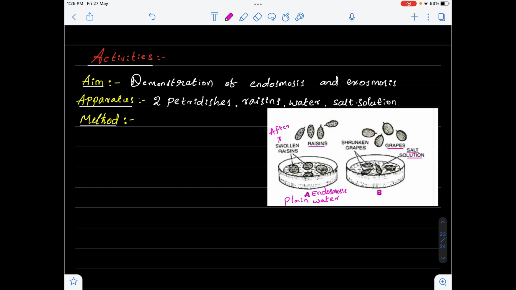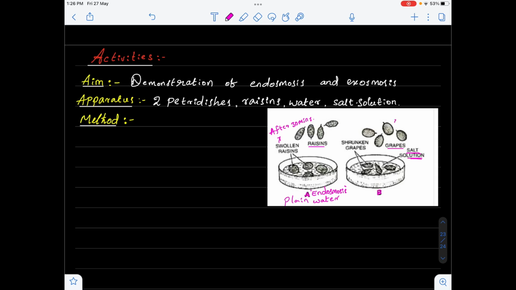After 30 minutes, the dry raisins swell up due to endosmosis. We have already discussed endosmosis is the osmotic entry of water inside a cell or a system. Now we should place some swollen raisins in the salt solution.